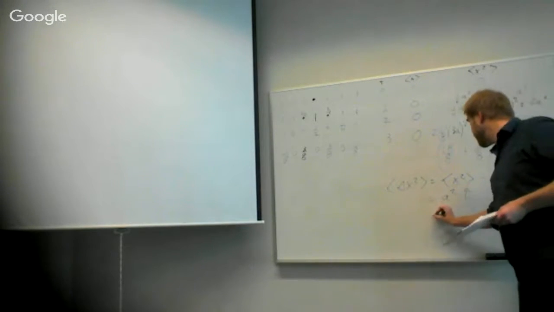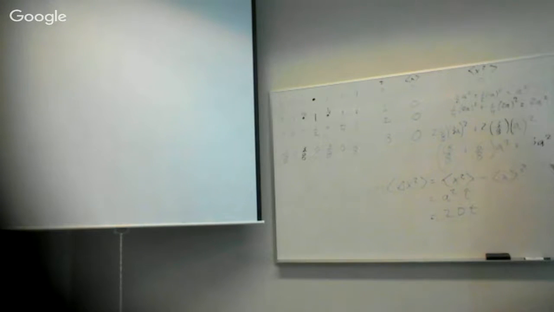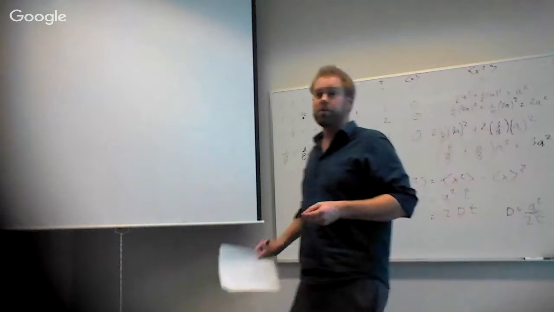So we know that this is equal to 2Dt. So what is the diffusion coefficient? a squared over 2. And in general, that's if we have a time step of 1. So whatever we pick our time step to be, we can just scale it down.